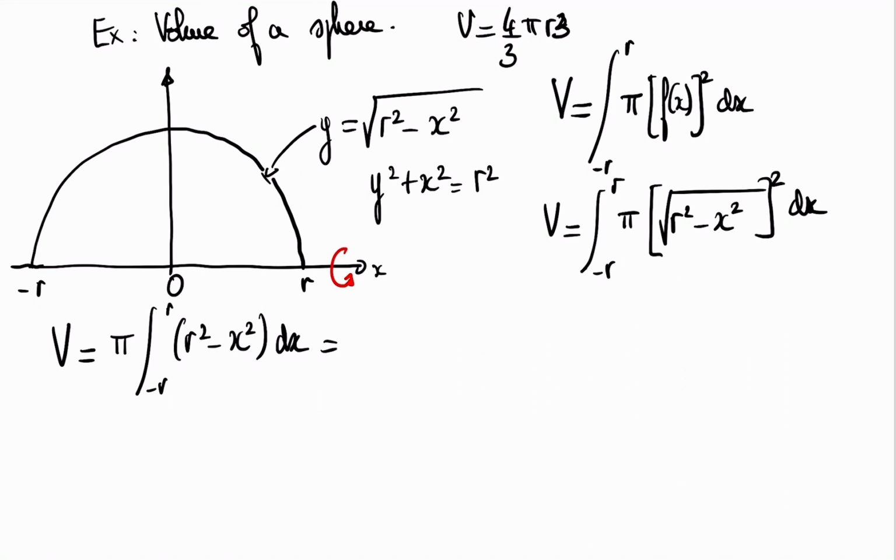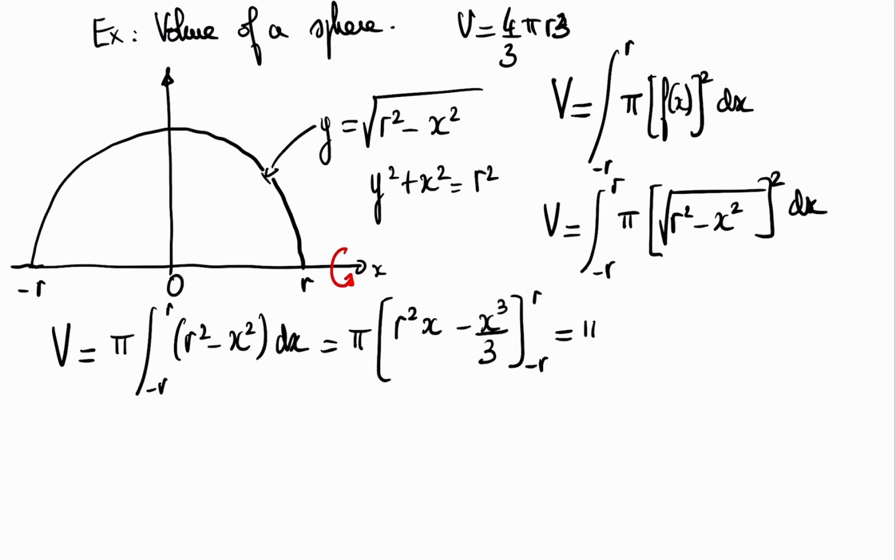Right, so it's pi, and we can integrate that. What is that? r squared x minus x cubed on 3, between minus r and r.